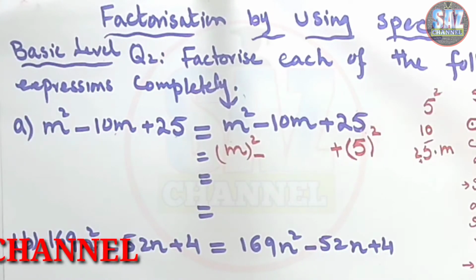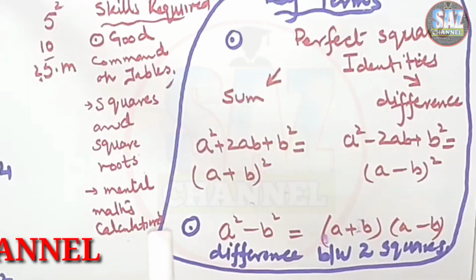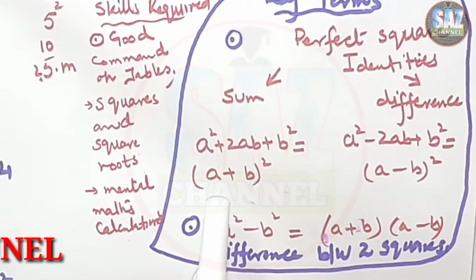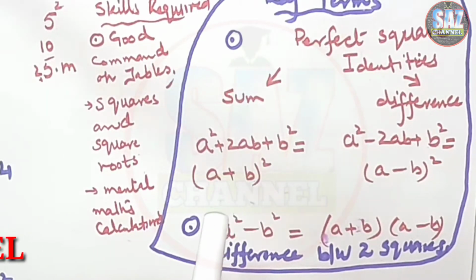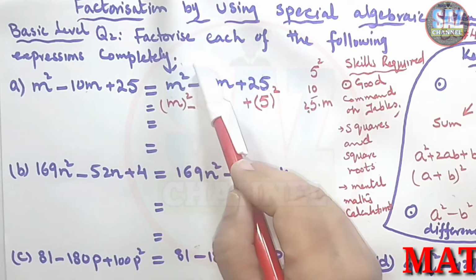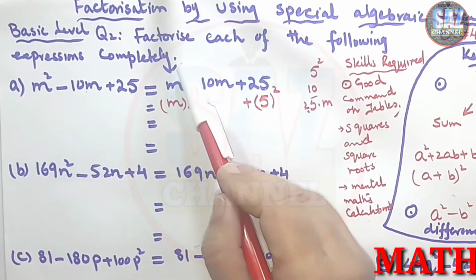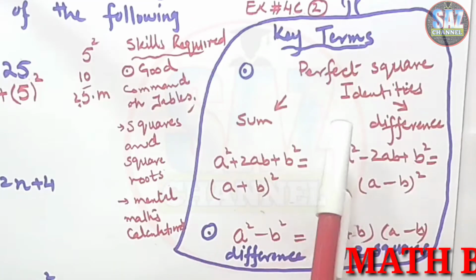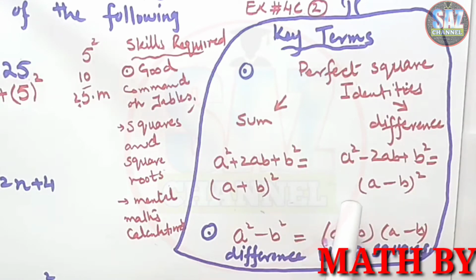So, preferably we are going to apply the perfect square identity either with sum or with difference in such situations. Which identity we are going to apply depends upon the sign of the middle term. If the middle term has a negative sign, then we will be applying the perfect square identity with difference.